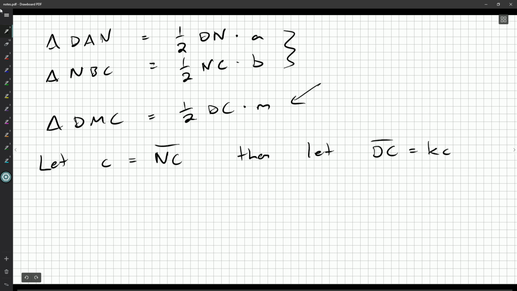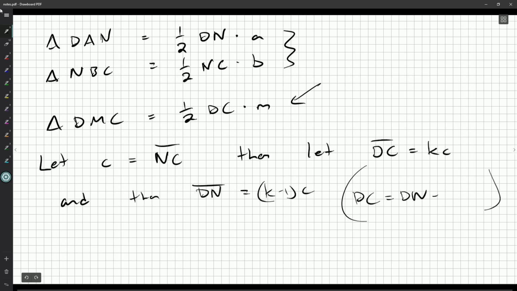Because we got a nice ratio there. And then DN is K minus 1 times C. And you can see this because DC is DN plus NC. Okay, so I just took KC and I subtracted off C. So now I could take those and put them in here and everything would be in terms of C.